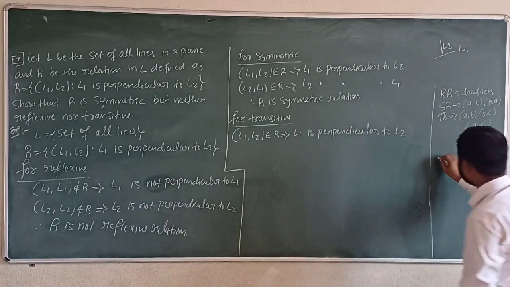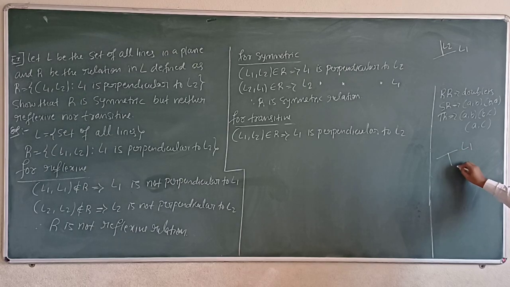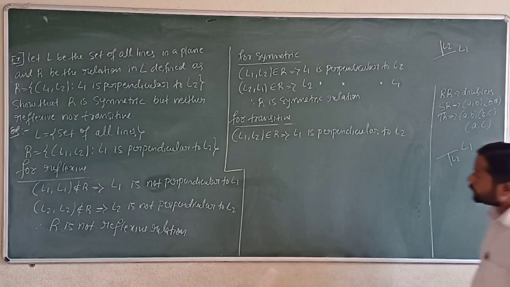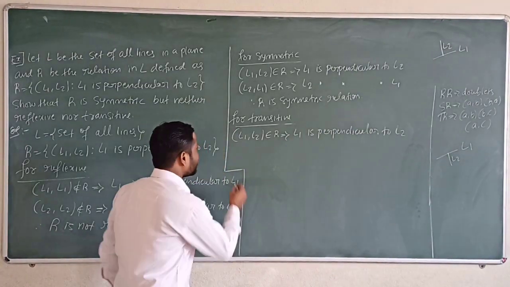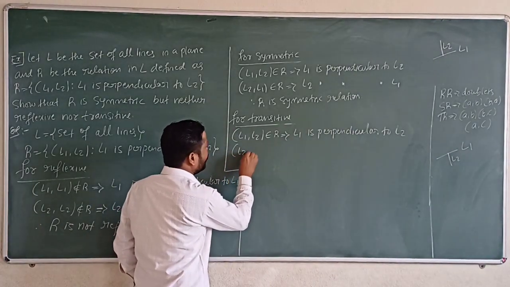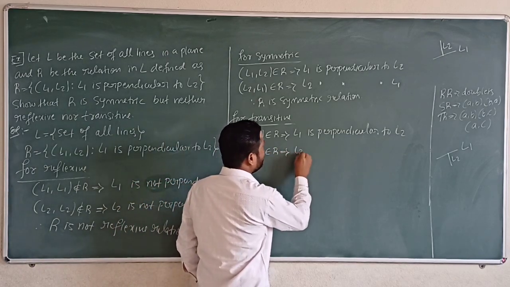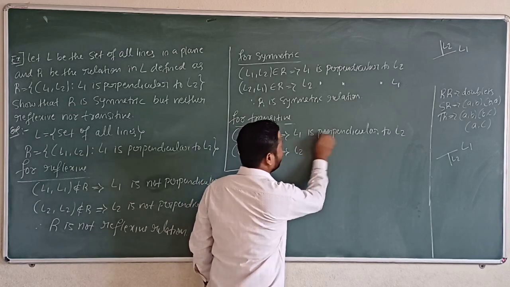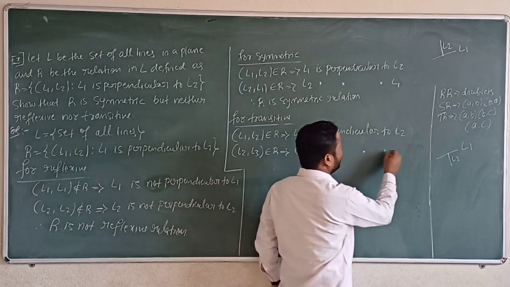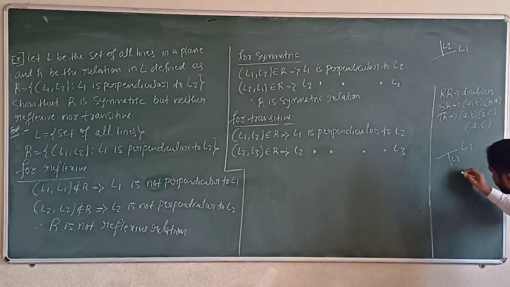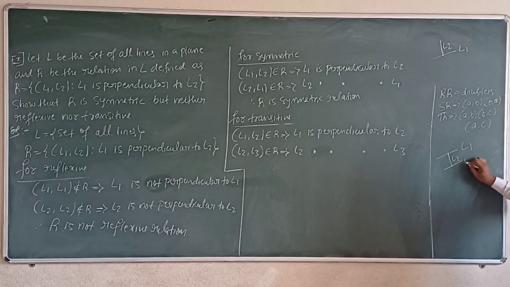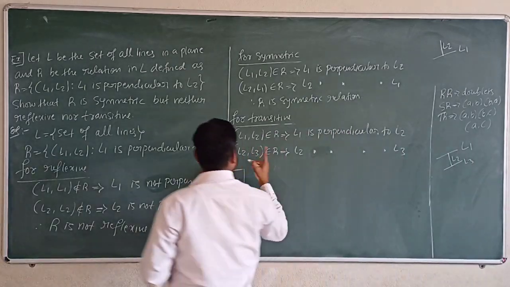That is (A, B). Now we need (B, C), that is (L2, L3) belongs to R. Write down the relation: L2 is perpendicular to L3. So L1 is perpendicular to L2 and L2 is perpendicular to L3. Clear, (A, B) and (B, C).